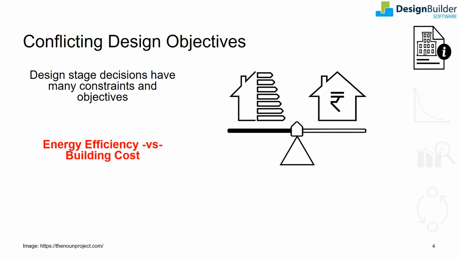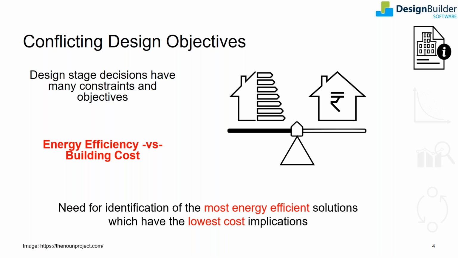One of the critical challenges in design stage decision making is value engineering of energy efficiency measures due to cost. Therefore, to ensure that the impact of value engineering on energy efficiency measures is fully understood, there is a need to identify, quantify, and understand which energy efficient solutions have the lowest cost.